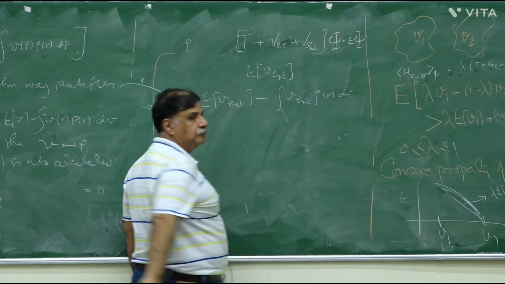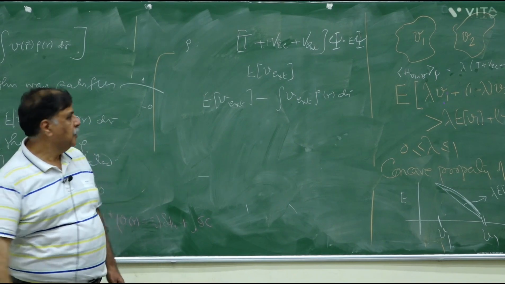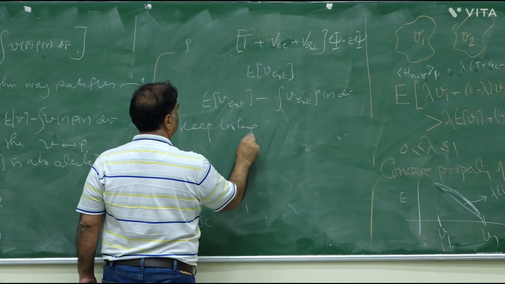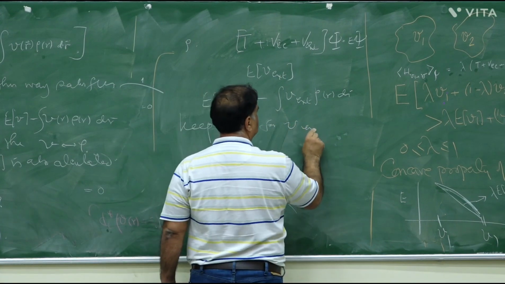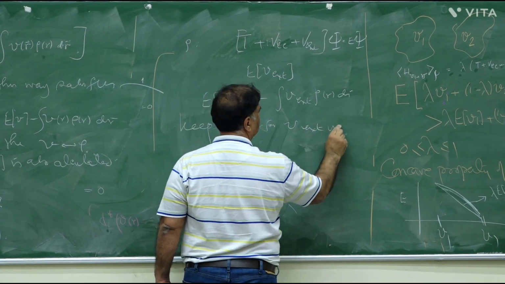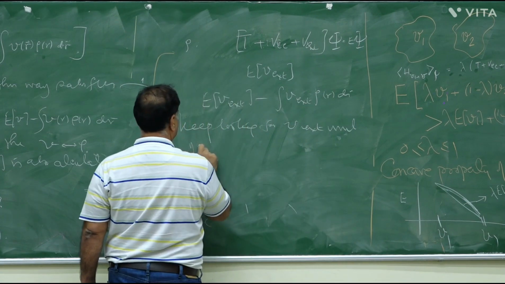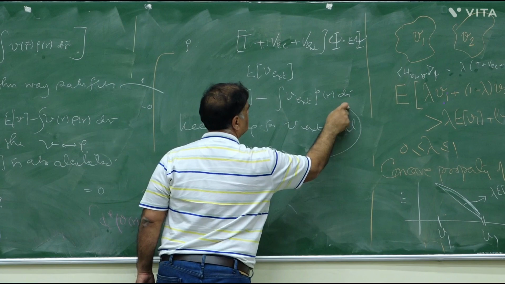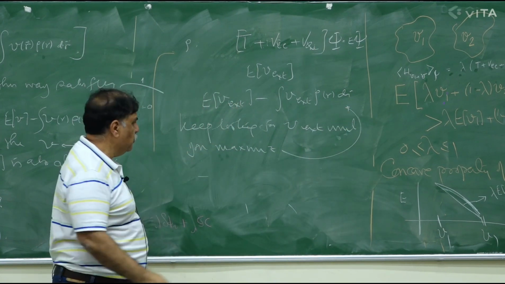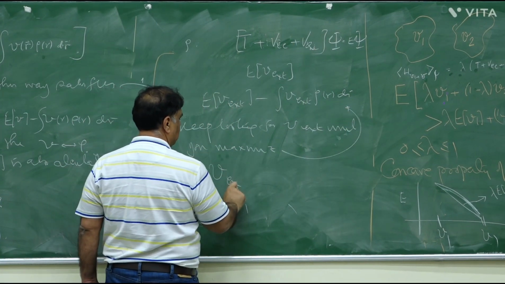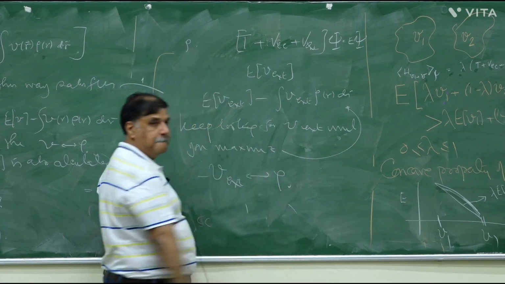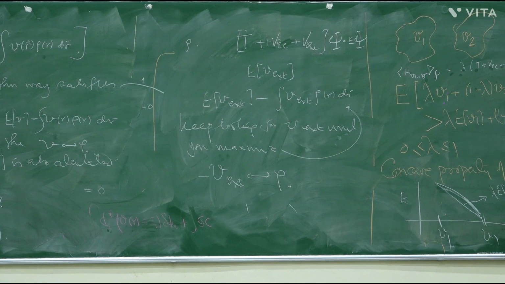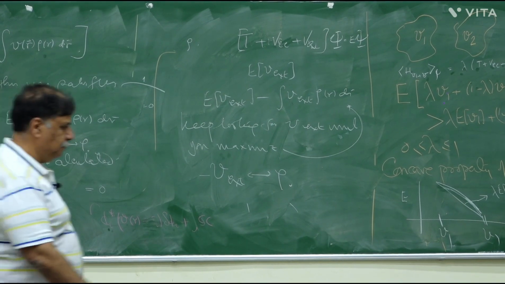Keep doing it. Keep looking for V external until you maximize this. The moment you maximize that, V external corresponds. I could also do a Kohn-Sham.